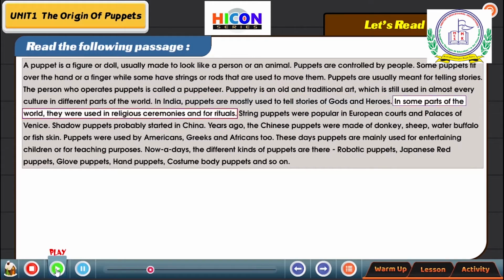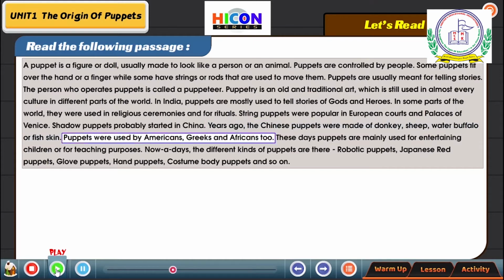In some part of the world, they were used in religious ceremonies and for rituals. String puppets were popular in European courts and places of Venice. Shadow puppets probably started in China. Years ago, the Chinese puppets were made of donkey, sheep, water buffalo, or fish skin.